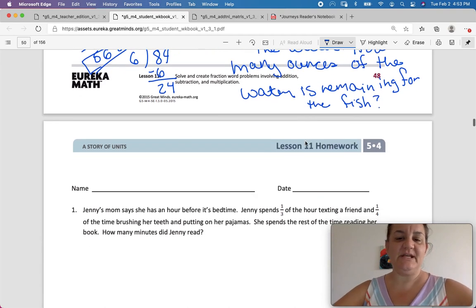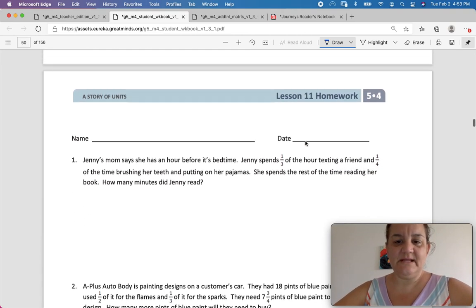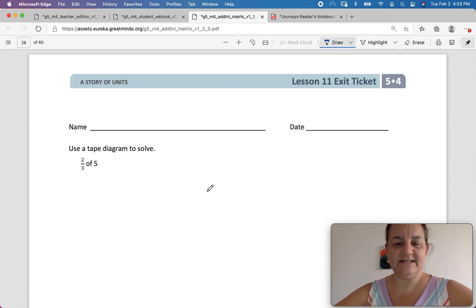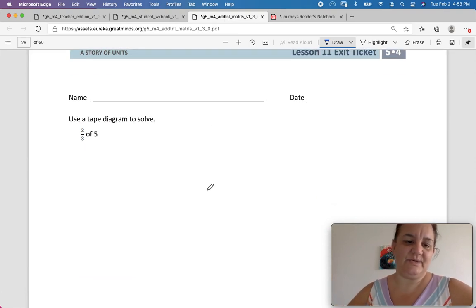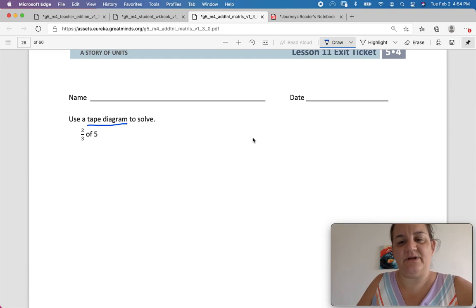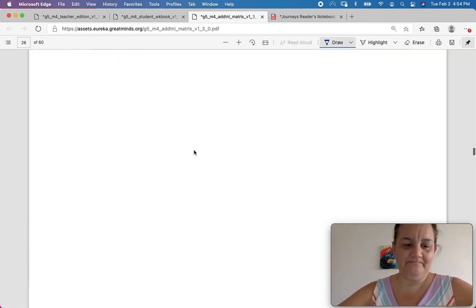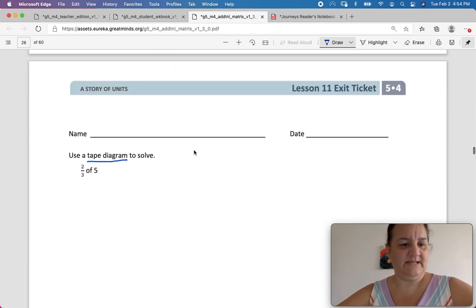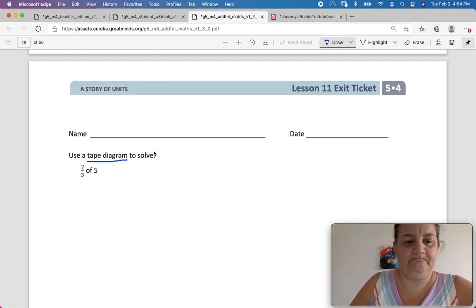Okay, after you finish your story problems on this page, please make a copy of it and upload it to Google Classroom. Then do your exit ticket. It's asking you to use a tape diagram. I know some of you are big fans of equations instead of tape diagrams, but please show this problem with a tape diagram. That's it. Use tape diagram to solve. It's not asking you to create a story problem? We're going to add that.